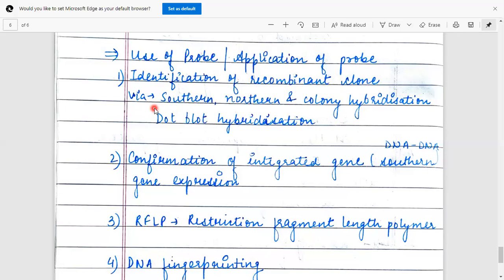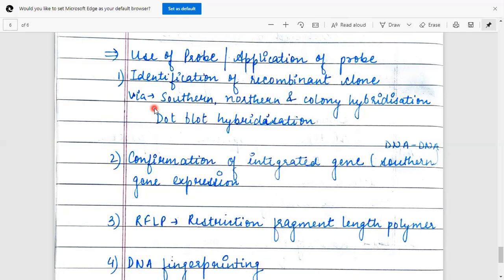Say for example, we have a gene from one source, it has been cloned in a certain vector and then transformed, and based on the efficiency of the transformation, we can get a number of clones of that gene. Say millions of cells are growing, so how can we screen them?